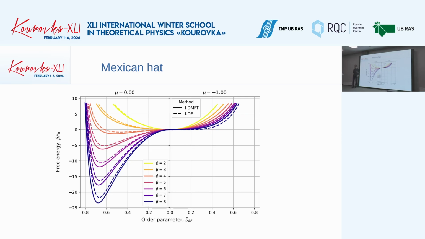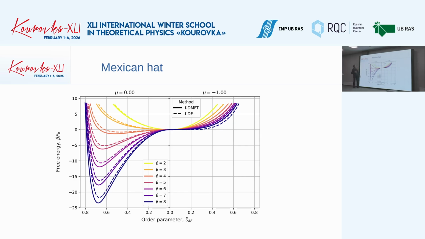So what is drawn here is exactly the graph of Landau free energy, what is called a Mexican hat in many theories. That's quite an interesting graph. Different colors are different temperatures. The more blue is a lower temperature. The left-hand panel is about the half-filled system.